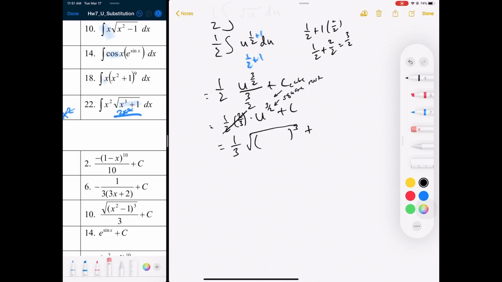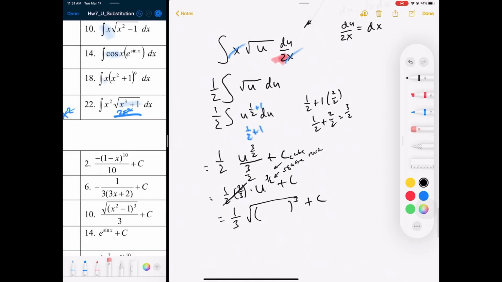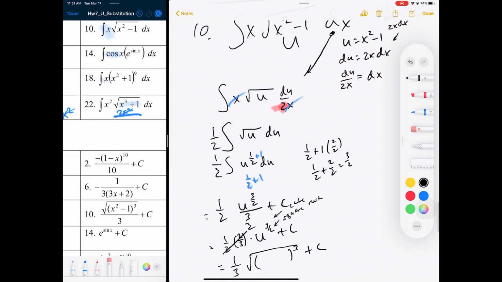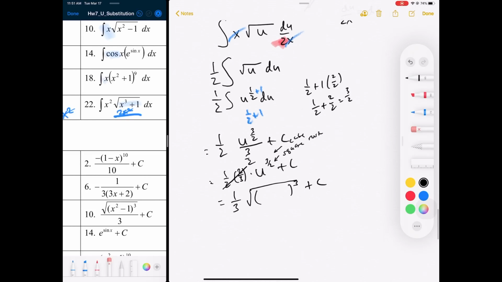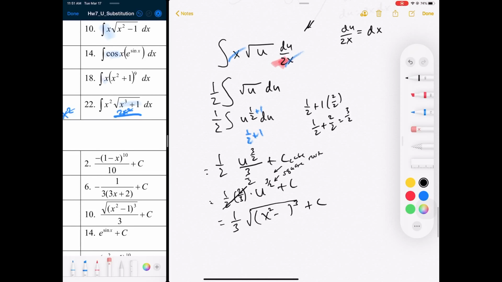And we said the u value from up here was x squared minus 1. Yeah, x squared minus 1. And that's our answer. Oh, I lost a negative. Whoops. Wait, did I lose a negative? No, I didn't. We're good.